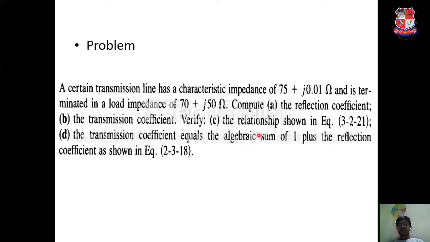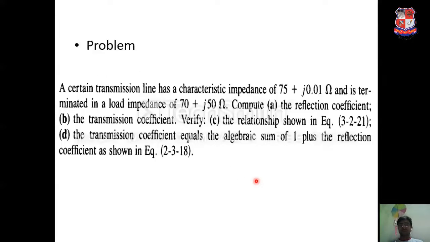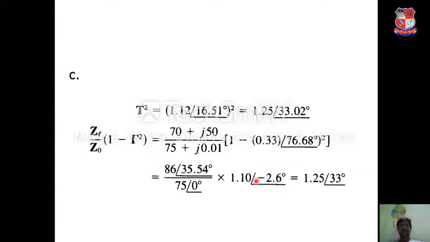The third is we need to verify the relation given by equation 3.2.21. The equation 3.2.21 is T square equal to ZL upon Z0 into 1 minus gamma L square. In part C we are going to verify this equation. We have seen T, and we also know the value of gamma square.